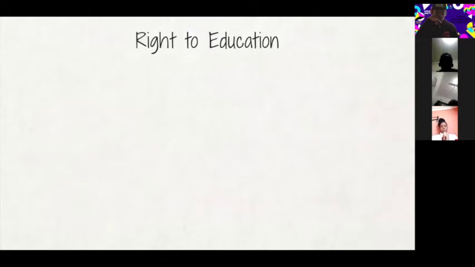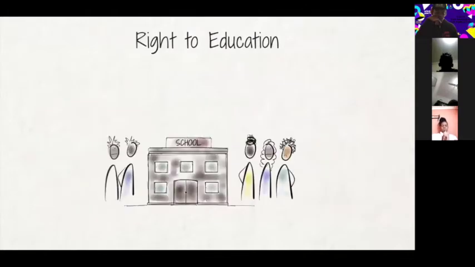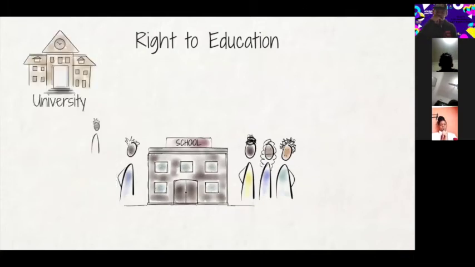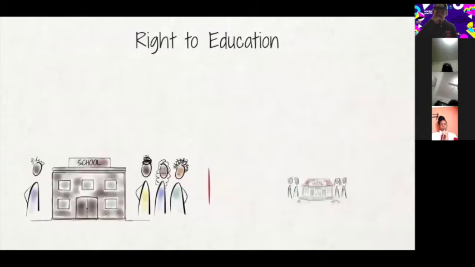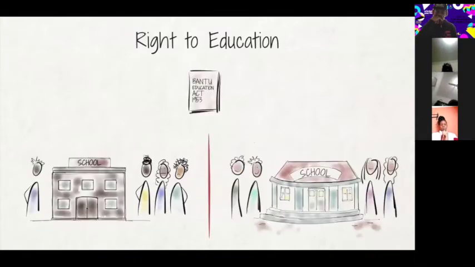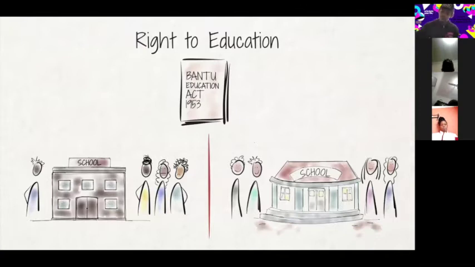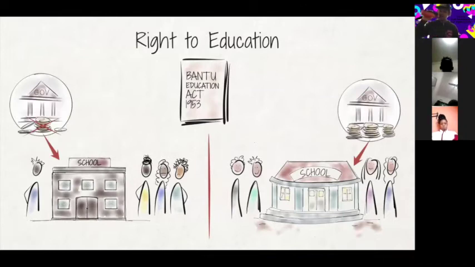Under apartheid policies, schooling for Black people was deliberately inadequate and provided very few opportunities to study further. Education facilities were racially separated under the Bantu Education Act of 1953. The government spent substantially less money on Black schools, which lacked basic facilities like running water or electricity.